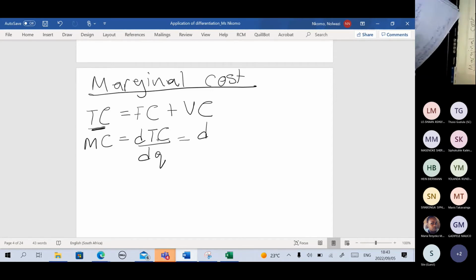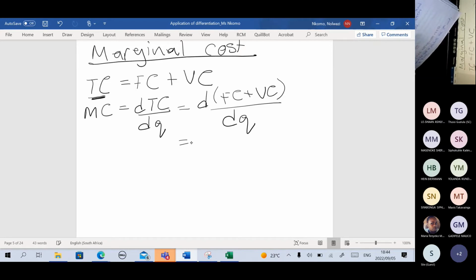Remember the total cost is FC plus VC, right? So if we use the sum rule, we have the derivative of the fixed cost with respect to Q plus the derivative of the variable cost with respect to Q. But remember that the fixed cost is constant, and we know that the derivative of a constant is 0.